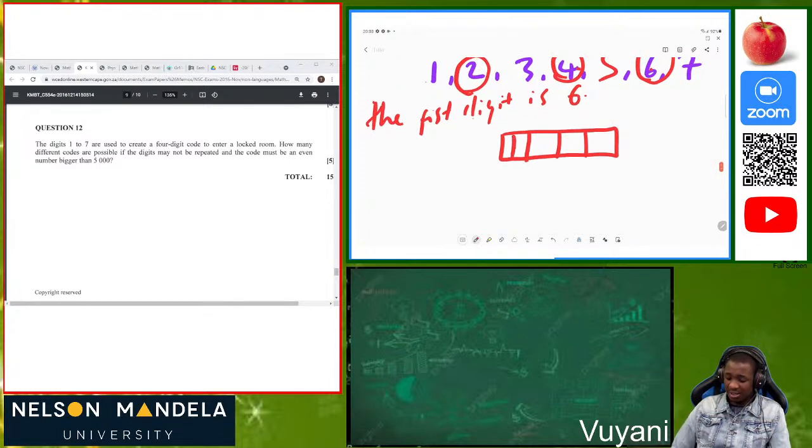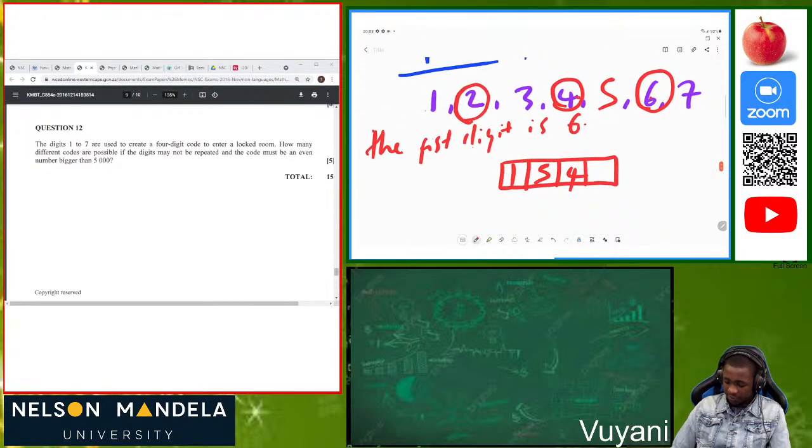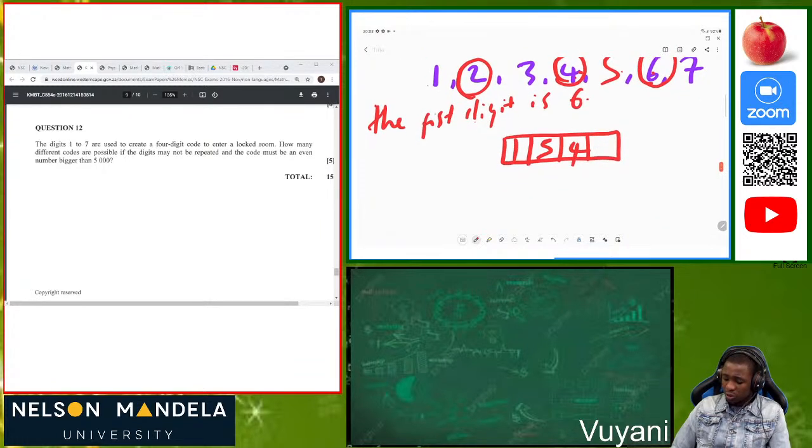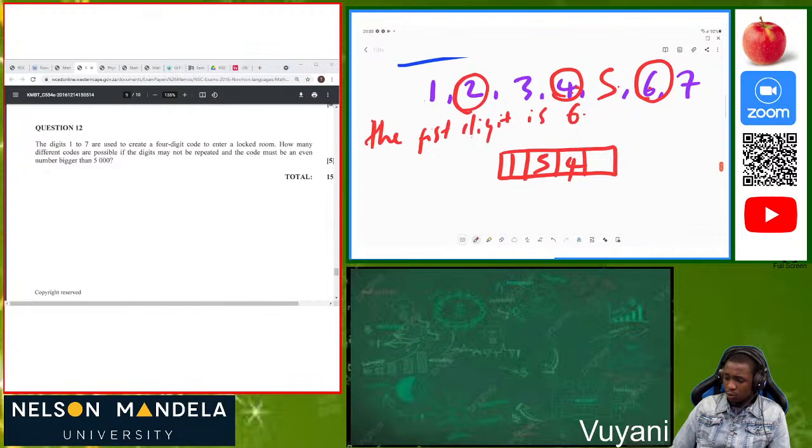We're going to have one chance. Then 5 and 4. Now, looking at the last digit, we have 2 chances, because the even numbers left are 4 and 2, so we have 2 here.